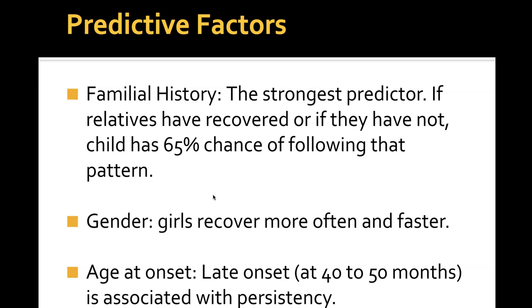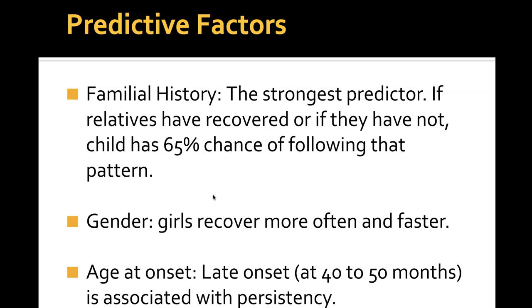However, if they have a family member who continued to stutter into adulthood, they have a 65% chance of following that, which means they have a 35% chance of recovery. So if you have a family member who stutters right off the bat, you do not have a 75% chance of recovery. You're down to a 35% chance of recovery.